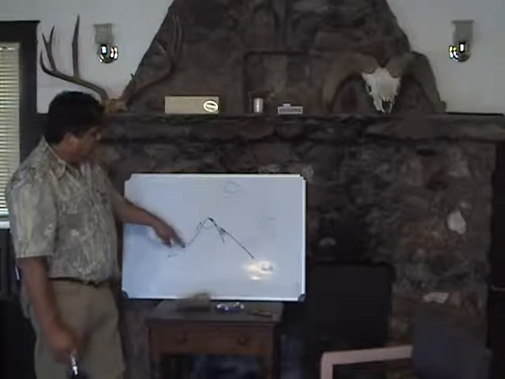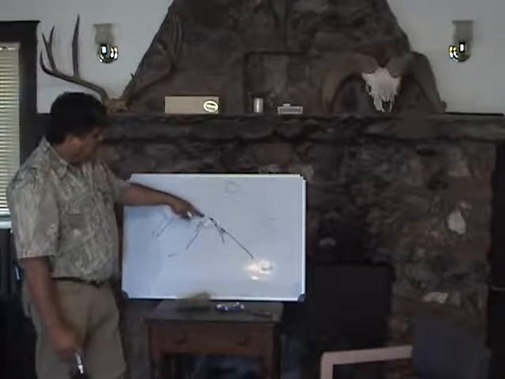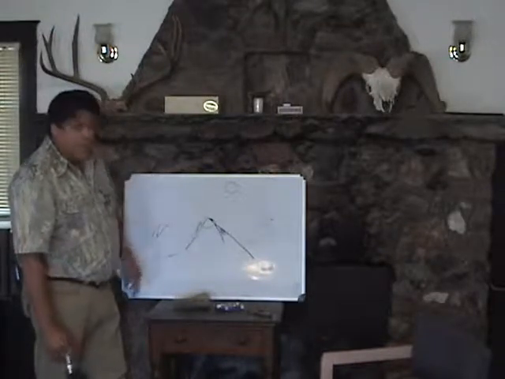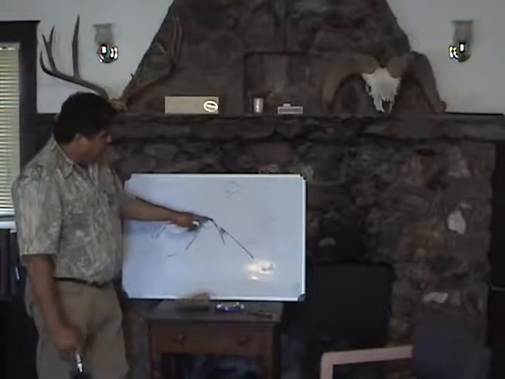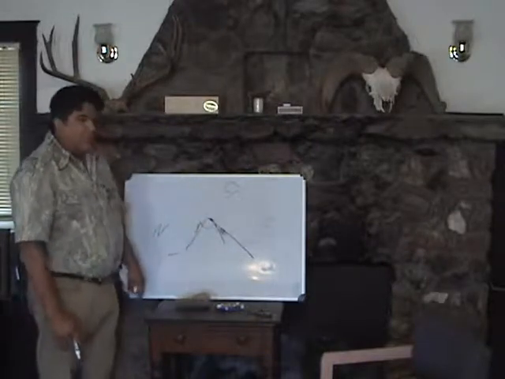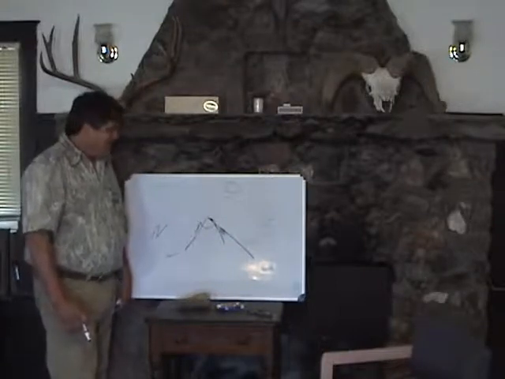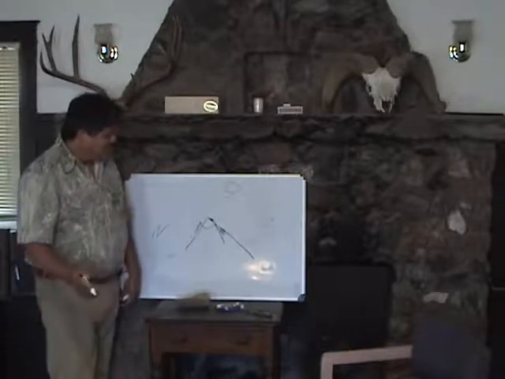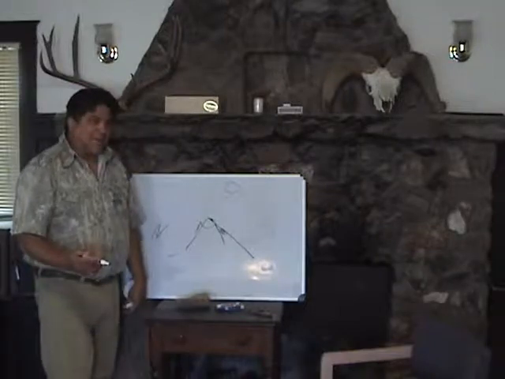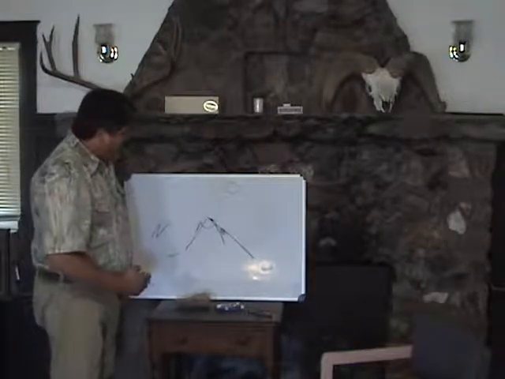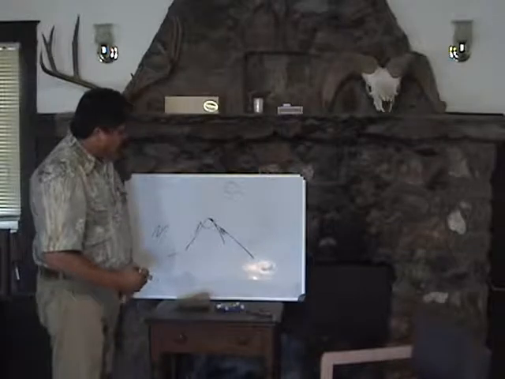Of course, many times you'll find this side literally freezing the whole day. The ice doesn't melt, and this side has no moisture left, and it's all done. And that's one of the things you'll see with the north slope and the south slope, and the difference they make to many of the different animals.